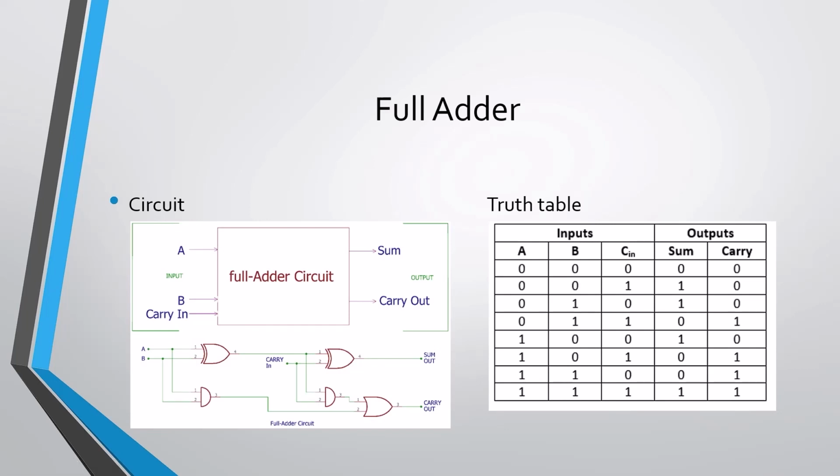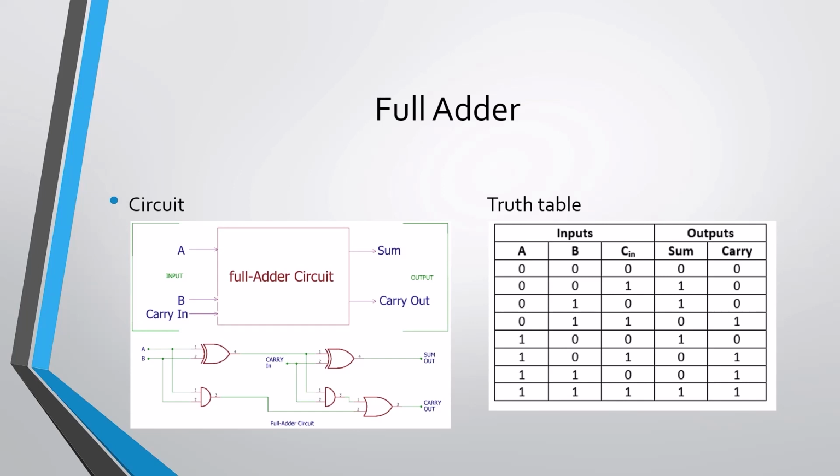Next, full adder. Full adder is the circuit which consists of two XOR gates, two AND gates, and one OR gate. Full adder is the adder which adds three inputs and produces two outputs. The first two inputs are A and B, and the third input is an input carry as Cin. The output carry is designated as Cout, and the normal output is designated as sum.